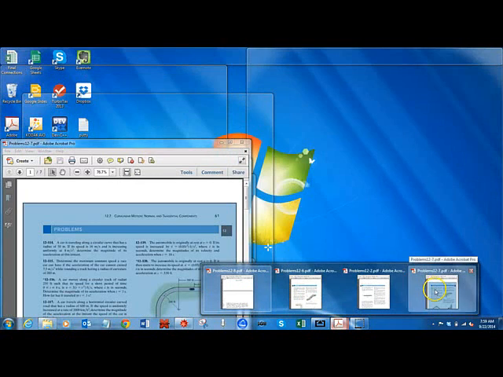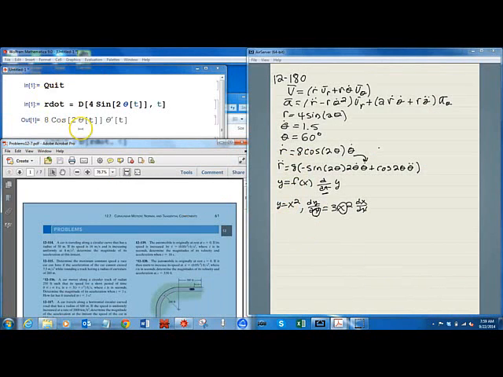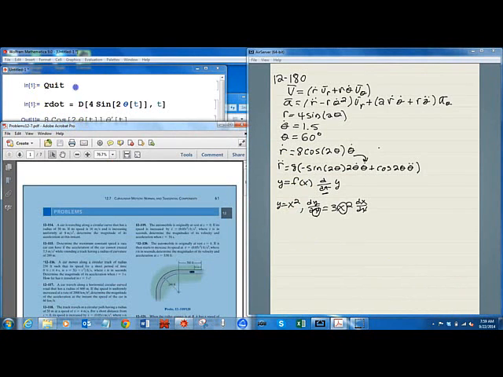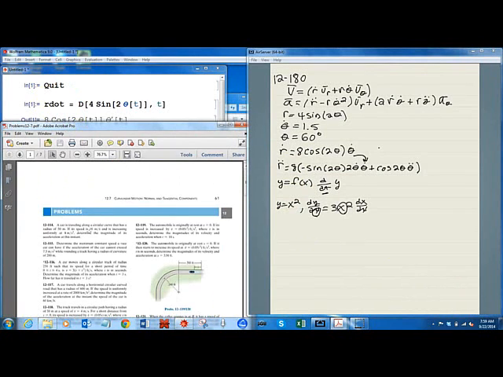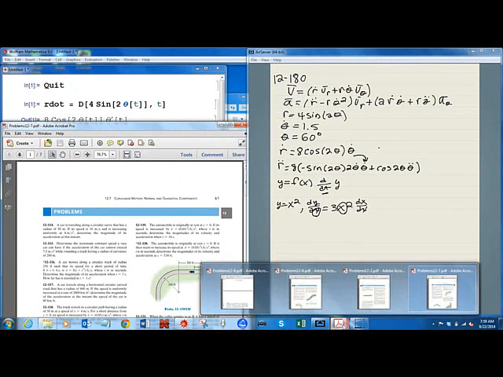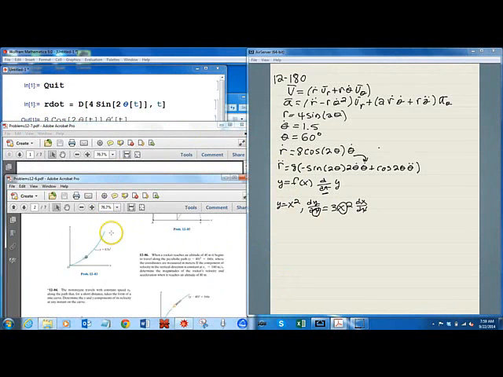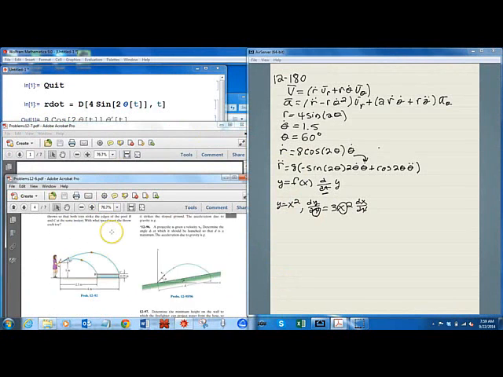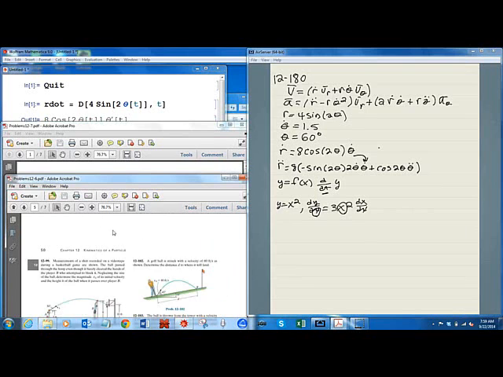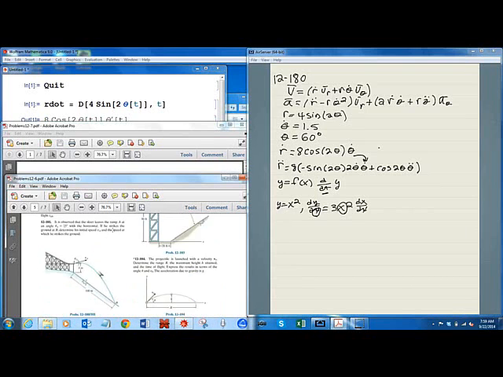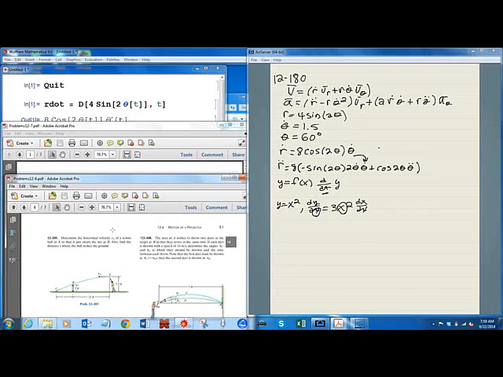I think it's number 7. Nope, 6. 108. There we go.